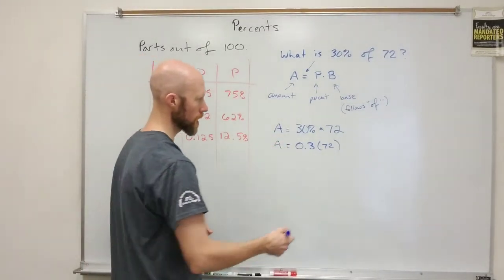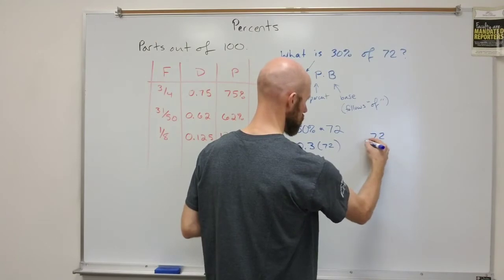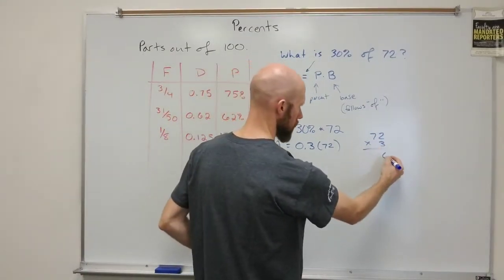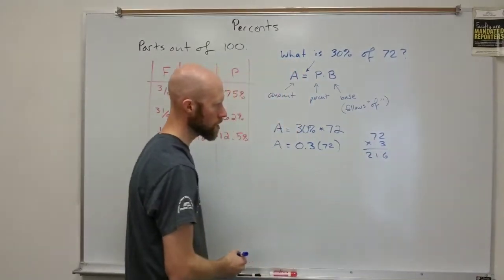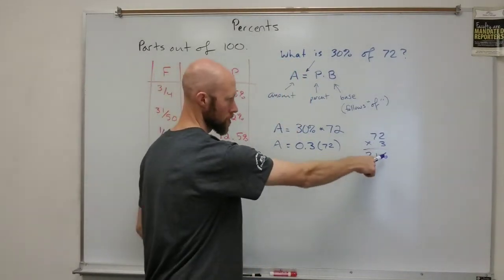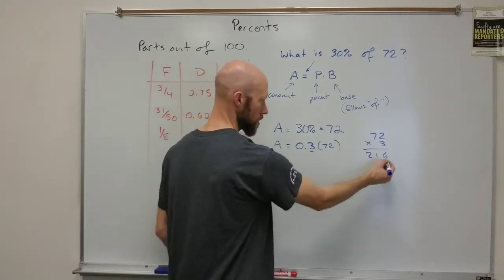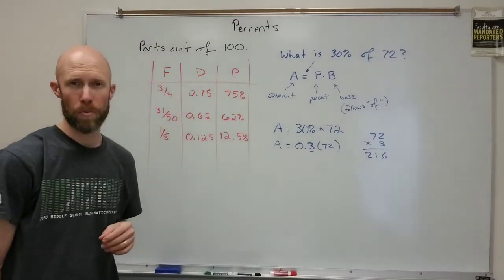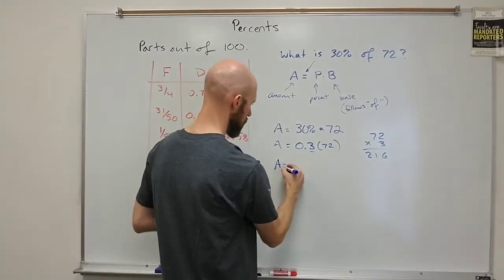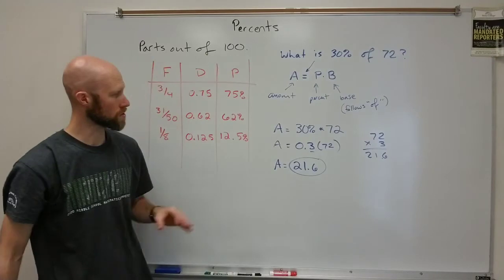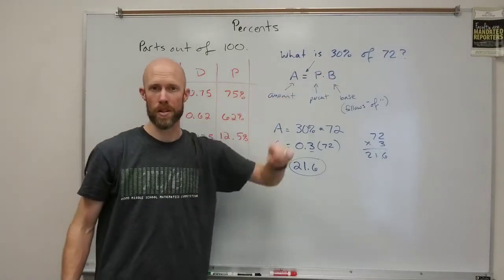So I multiply those together, and of course 72 times 3, and then I'll put the decimal in after the fact, is 216, right? 3 times 2 is 6, 3 times 7 is 21, and I need one place after the decimal, so it's 21.6. So the amount here is 21.6. That's the answer to my question. 21.6 is 30% of 72, okay?